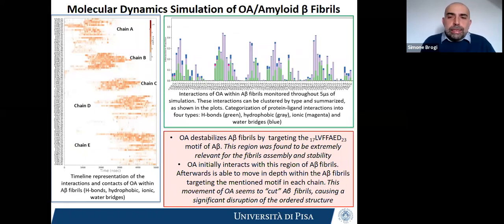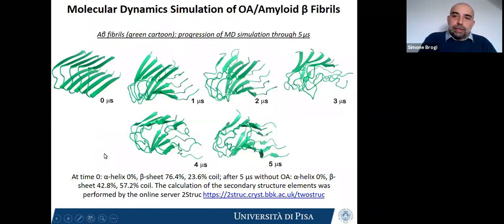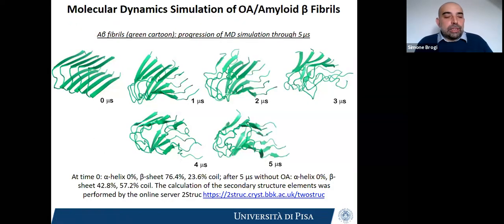So this pattern of interaction was directly compared with the results obtained in the long-time molecular dynamics simulation of the amyloid alone.